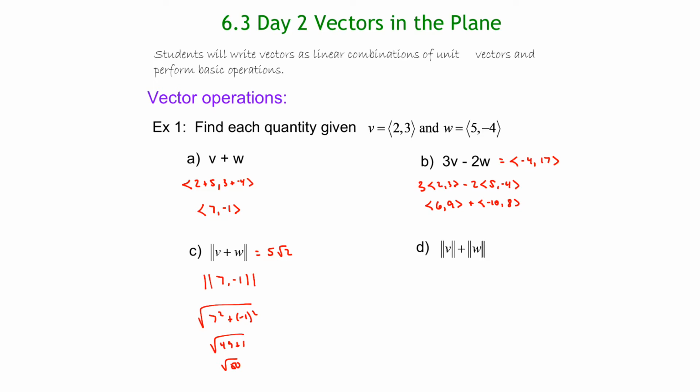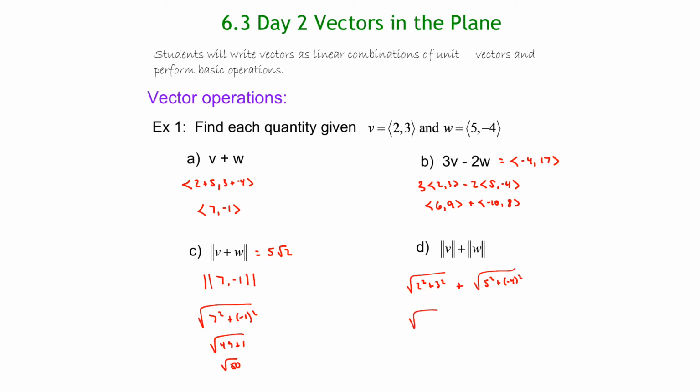Alright, what about D? Now D looks similar to C, but we're looking for the magnitude of vector v plus the magnitude of vector w. So we split them apart. Will those two quantities be the same? Well, vector v's magnitude would be the square root of 2 squared plus 3 squared, and vector w would be 5 squared plus negative 4 squared.